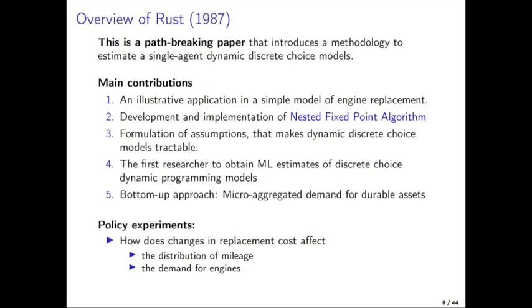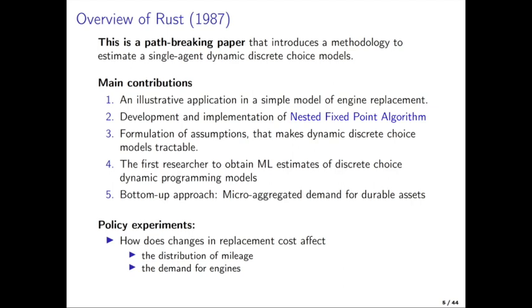Show me an example. And then he went out and met Zurcher and got to his data and got his hands dirty. As John would say, he literally got his hands dirty because there was grease all over the books where he had written down what the mileage was when the bus engine was replaced and so on.